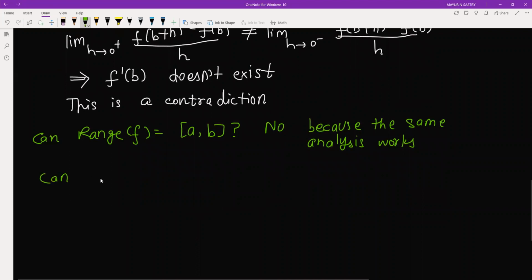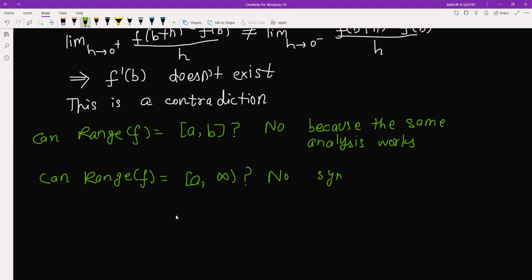Can the range of f be equal to closed a comma infinity? Well, again, no. It's a symmetric argument.